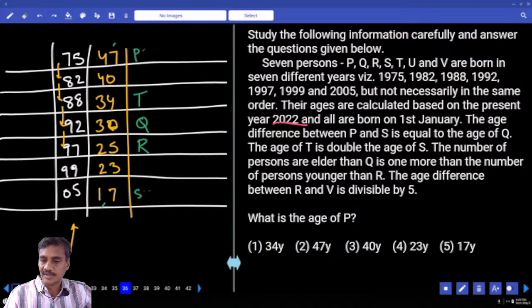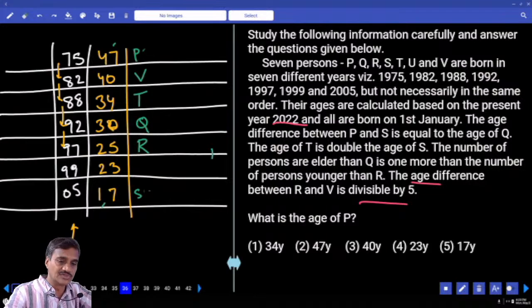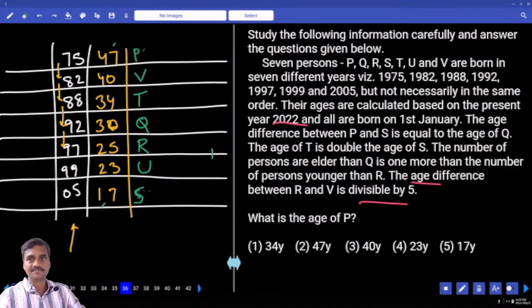And the age difference between R and V is divisible by 5. Now R is 25. R minus 23 is not divisible by 5, it is not happening. Hence V is here. 15 is divisible by 5. Then who is the person left over? U. And U is 23 years of age.